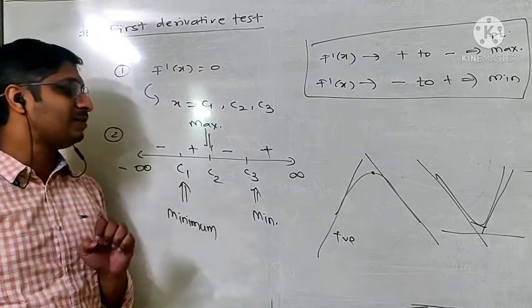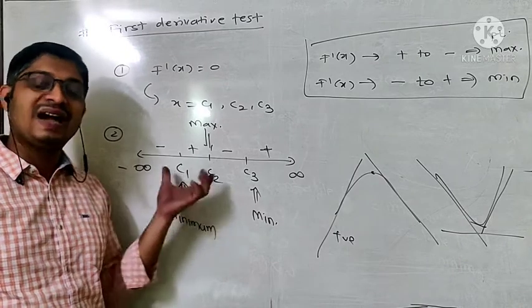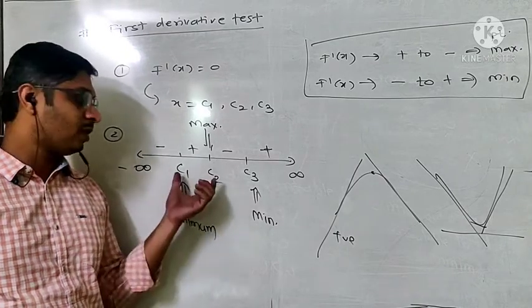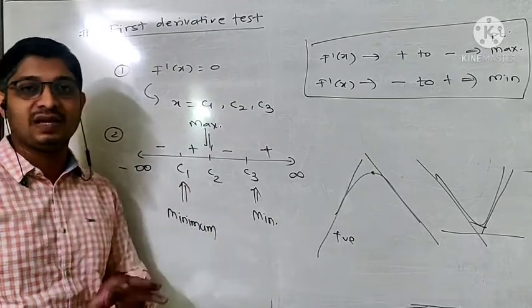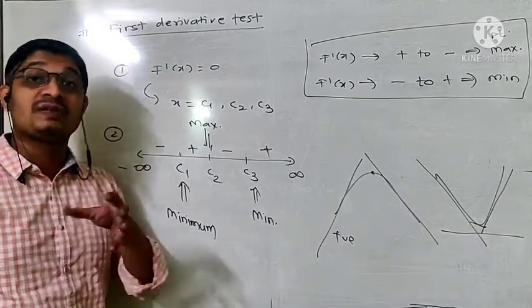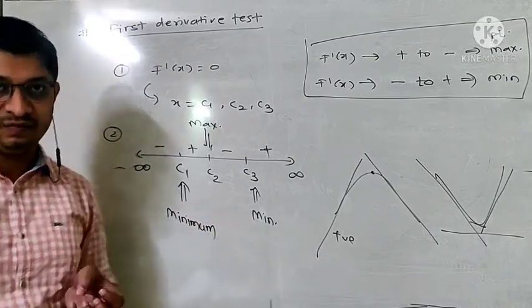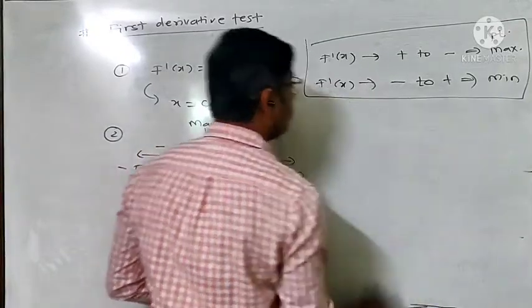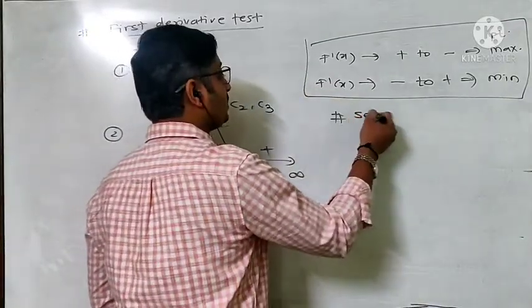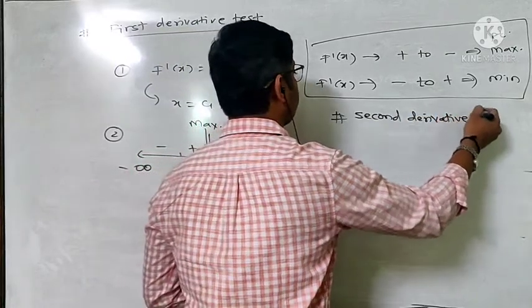But in some examples, this technique is not applicable. If an algebraic function or some exponential functions are there, then the wavy curve method or the inequality is applicable. That will be the easiest thing. But for some trigonometric functions, it will be a lot more complicated. So for that, we will be using the second derivative test.